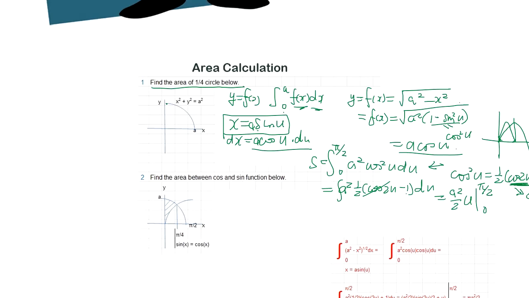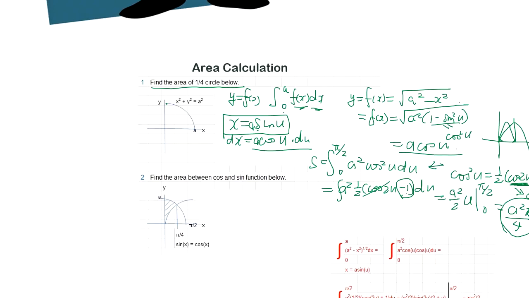Okay, so what we get is a squared pi over 4, so it's going to be a quarter of the circle, right?